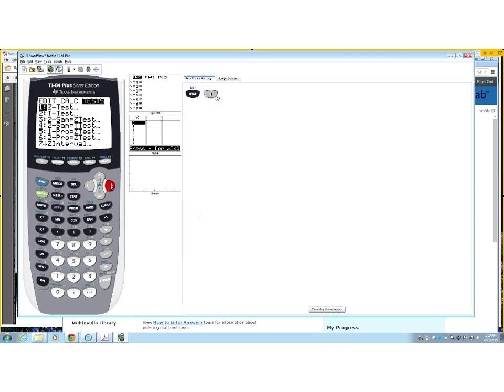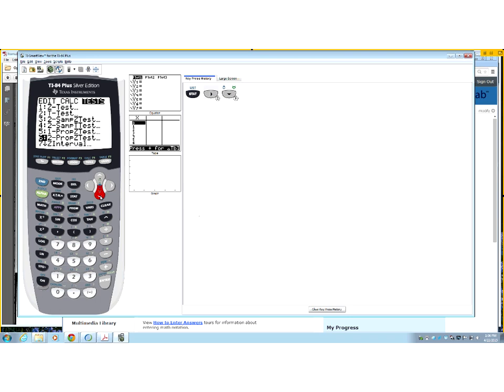So I'm going to go to Stat, and then over to Tests. And then I'm looking for the 2-prop Z-test. That's what I wrote on the whiteboard, I'm pretty sure. The 2-prop Z-test. No, I didn't write that, did I? It was the 2-prop Z interval, right? Because we were doing a confidence interval.